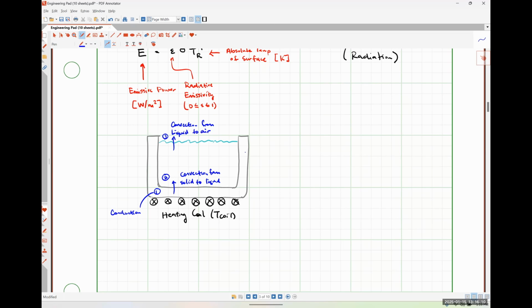I'm going to have convection from the solid pot wall to air here. And then I'm also going to have radiation from these hot surfaces into the air.